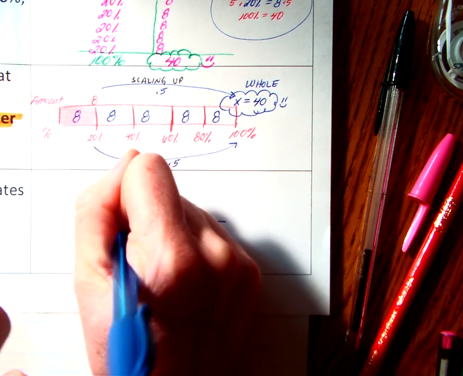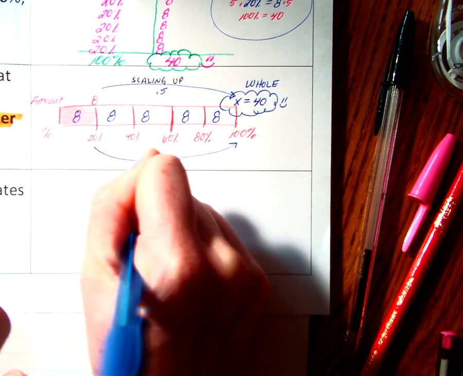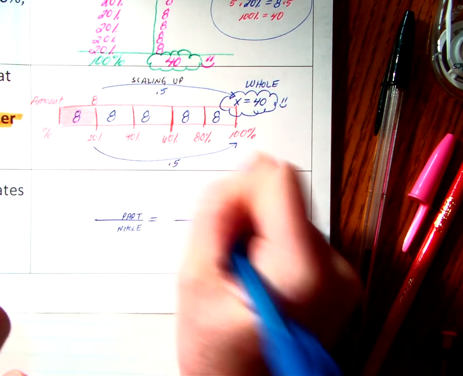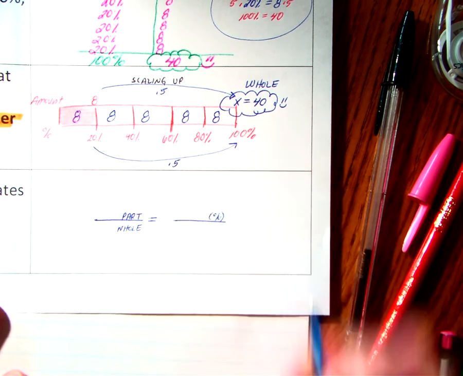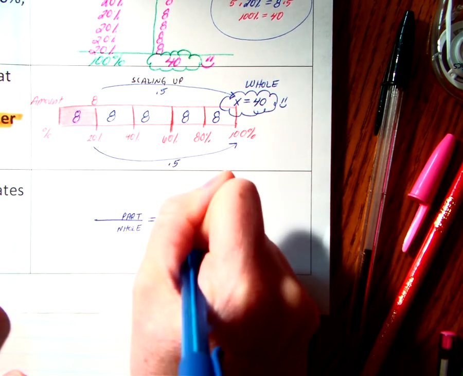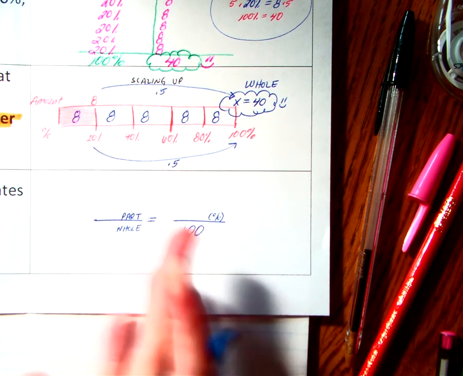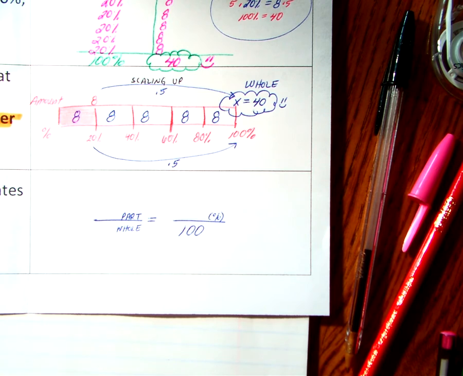This is where your part lives. This is where your whole lives. This is where your percent number lives, and this is always 100. Unless under some unusual circumstance they ask you to scale up, we should be saying that this is 100.